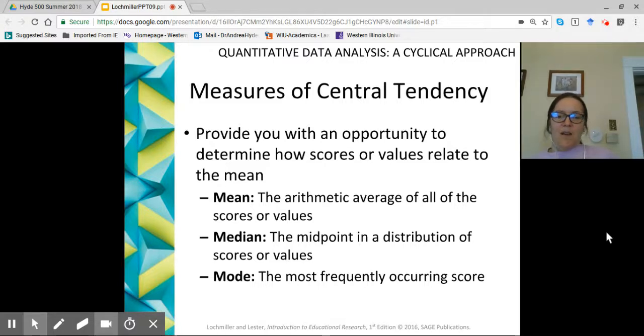So median home prices, you hear things like that. That's not the average. That's the number in between the distribution of scores and values.